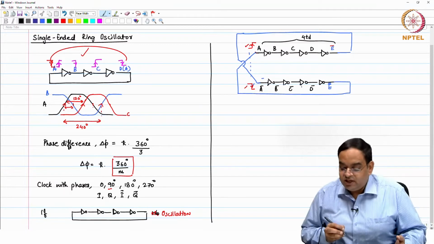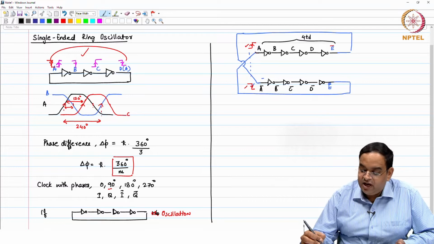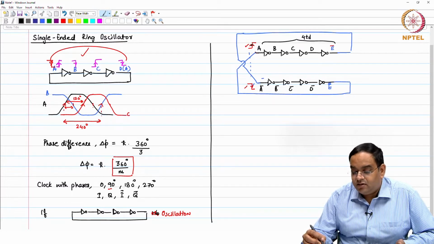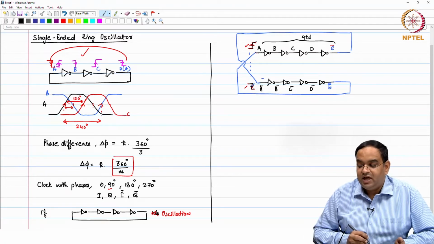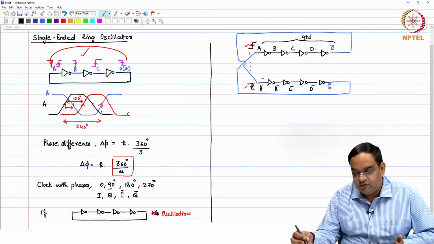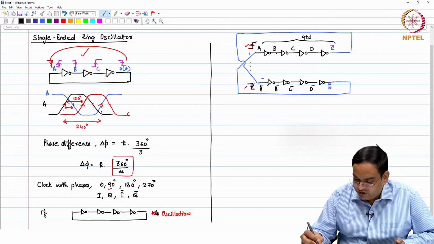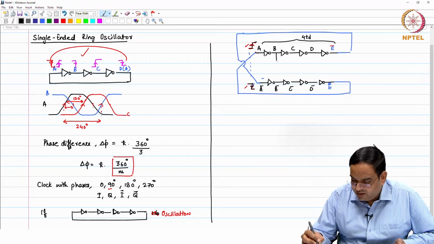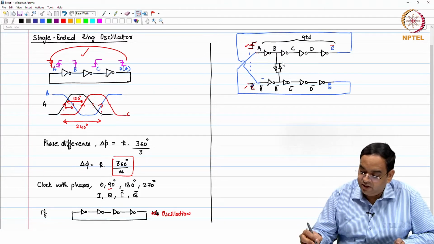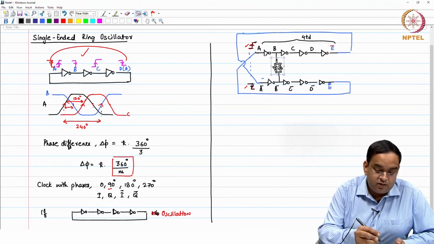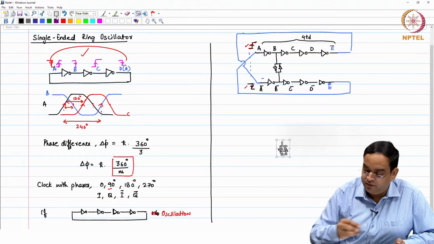I have to enforce a relationship between A and A bar in such a way that the clock transitions are opposite at these two nodes, and they should be at each inverter output also. So, to enforce that, one easiest way is that you connect a cross coupled inverter like this.